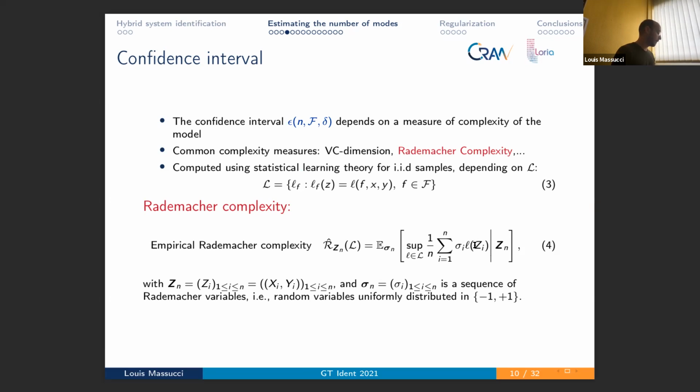It means that this Rademacher complexity measures the ability of the model output to fit these Rademacher variables. And we use this complexity in order to develop this confidence interval in blue here.